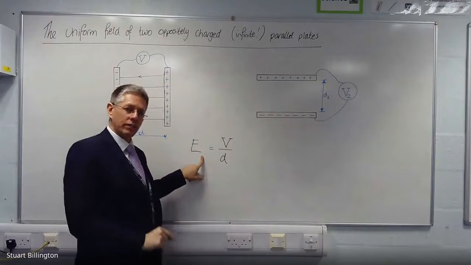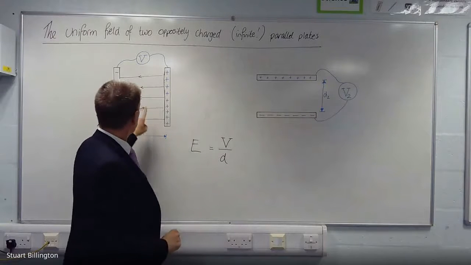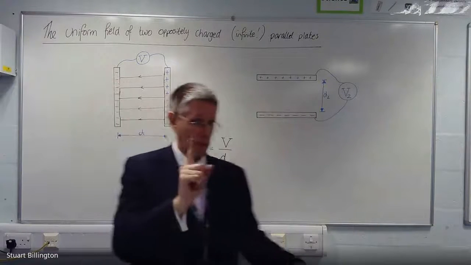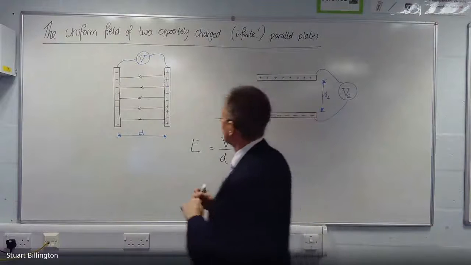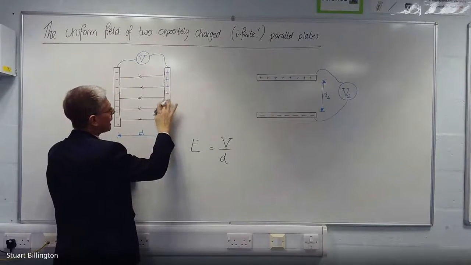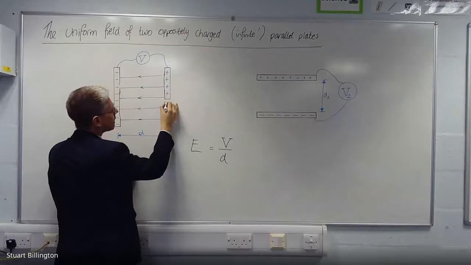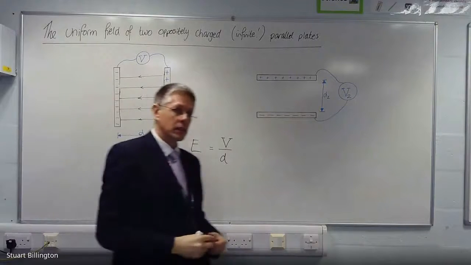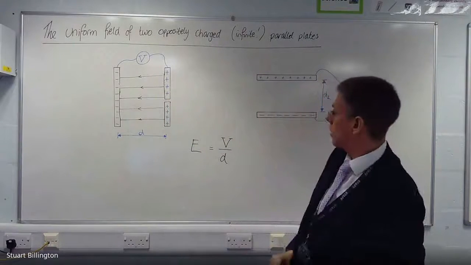This is the electric field between the plates. Remember that bit, between the plates. Right, as promised, what I'm going to do now is make a tiny little gap in the positive plate. A tiny, tiny little hole.